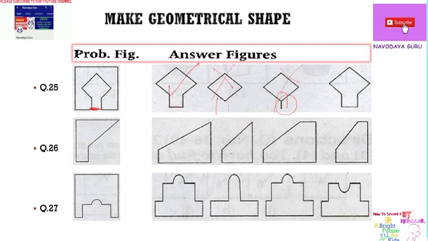In option 4 this portion is fine, these sides are fine, and this length is also fine. Further we can see the length of these two sides and the gap, and on the basis of that, option 1 is the correct answer.